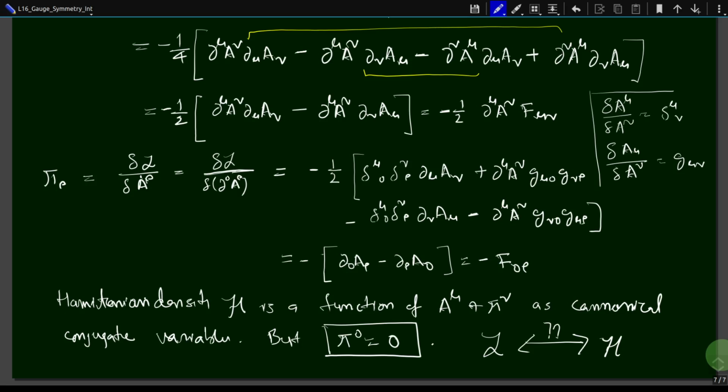So if pi 0 is 0, then I won't be able to find out the time evolution of a0 eventually, because usually pi 0 should be related to a dot, and there is no a dot in the Lagrangian, so as if a dot is completely undetermined or determined by something else. So time evolution of a0 and hence other fields can also be suspect. So we'll discuss all these topics in the next lecture, and there we will see how to identify the correct degrees of freedom and then go on to quantizing them.